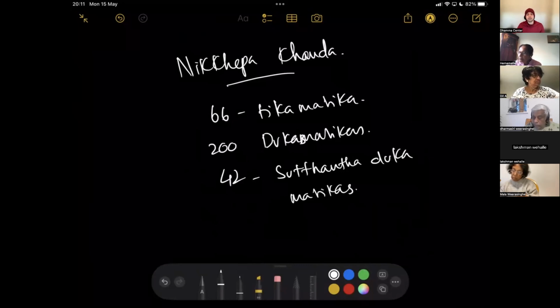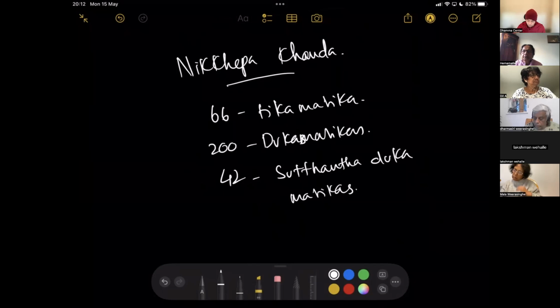Suttantika Dukkamatikas. So, Bhante, sorry. In the Abhidhamma method, it's 200 Dukkamatika Padas, I think you mean. Shouldn't there be 84 Suttanta Dukkamatika Padas?